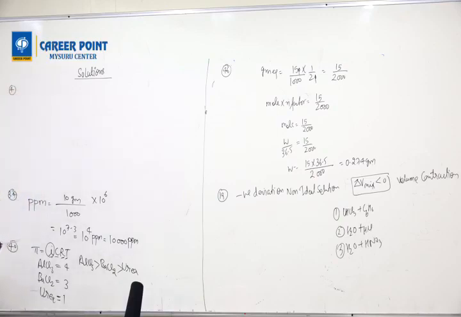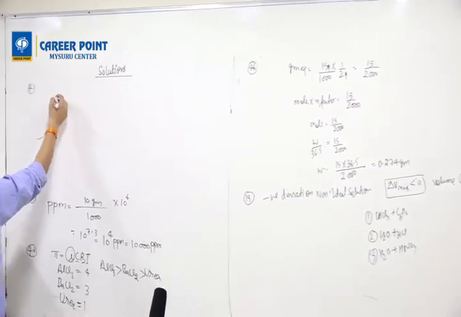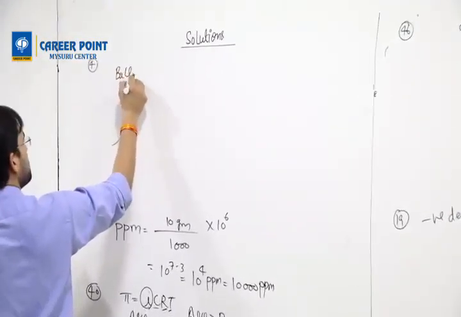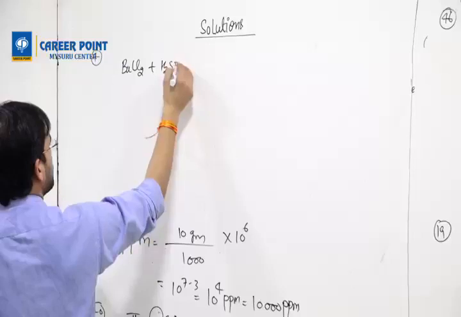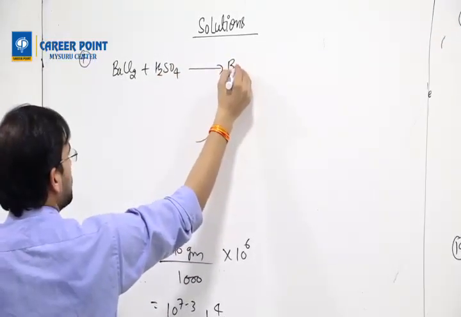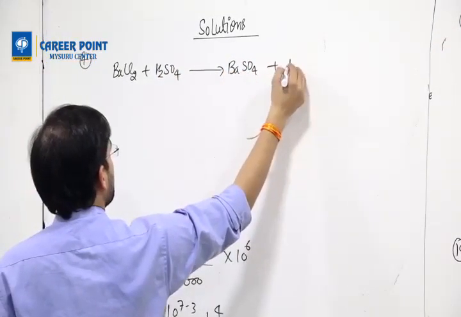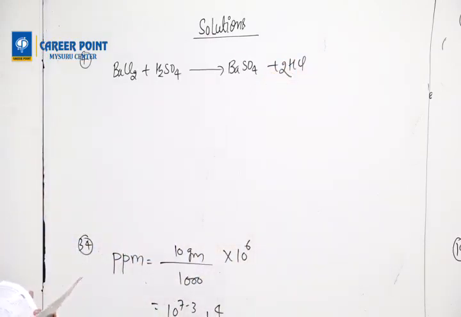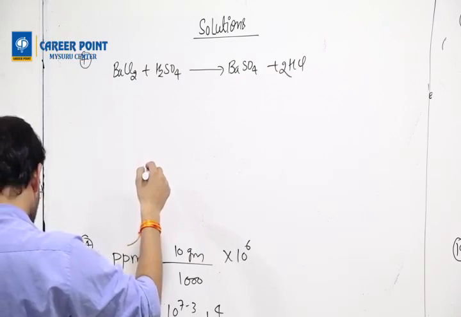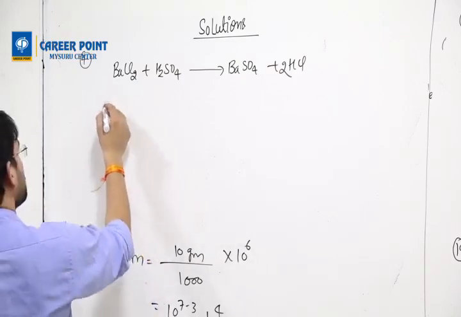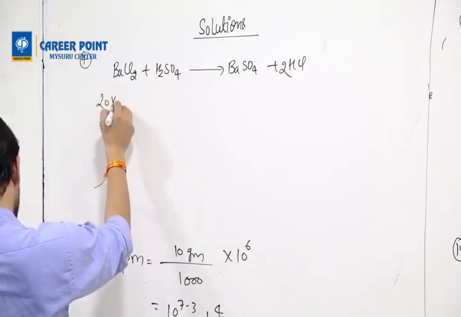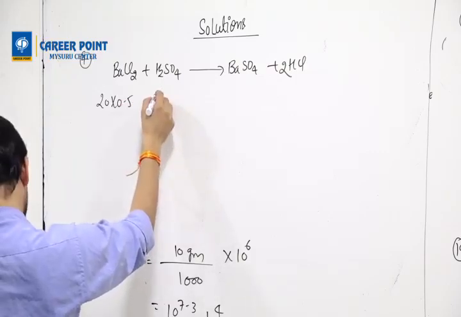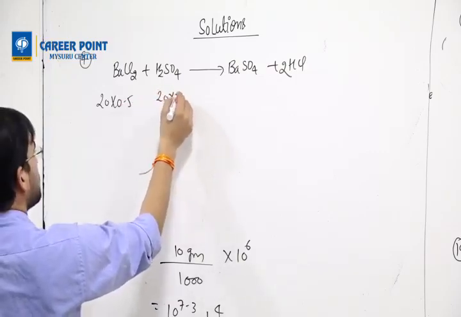The maximum amount of BaSO4 precipitated on mixing 20 ml of 0.5 molar BaCl2. So we will write a reaction. BaCl2 plus H2SO4 gives rise to BaSO4 plus 2 HCl. And the reaction balance? Yes, reaction is balanced. So they are saying this is 20 into 0.5. This is 20 into 1.